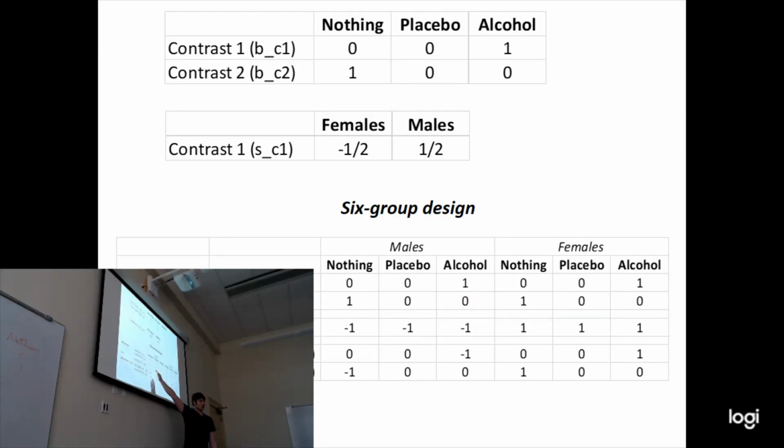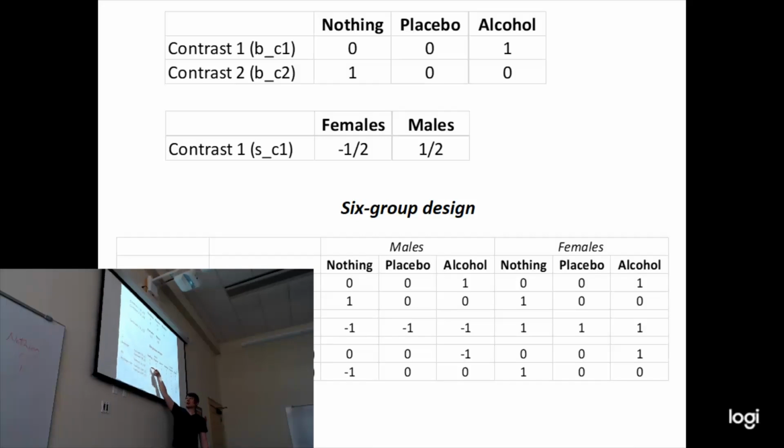I have yet another contrast in this design that compares males to females. I put -1 and +1 here because it's a little bit easier to understand. It'd be very similar if you had -0.5 and +0.5. So one way of thinking about what we're doing is that I've literally taken this contrast times this contrast. That gives me a 4th contrast.